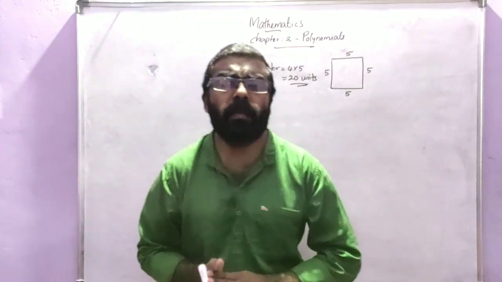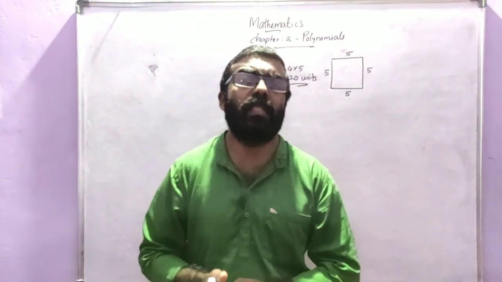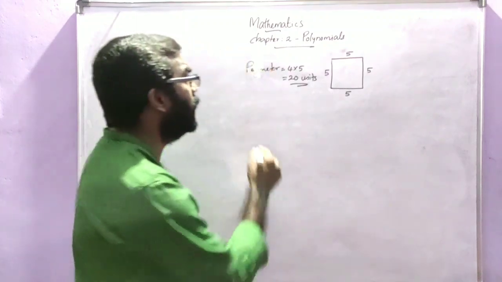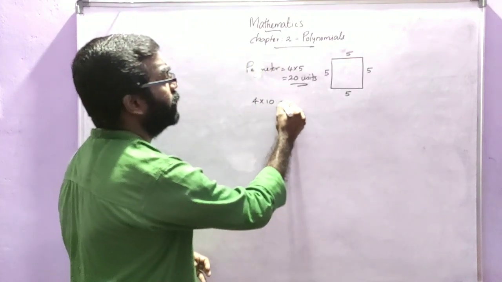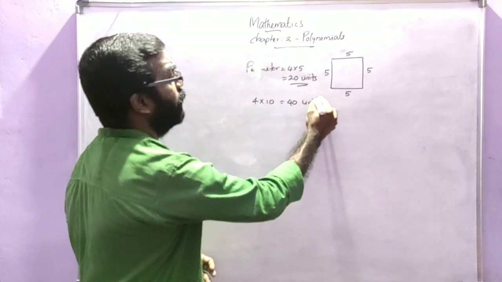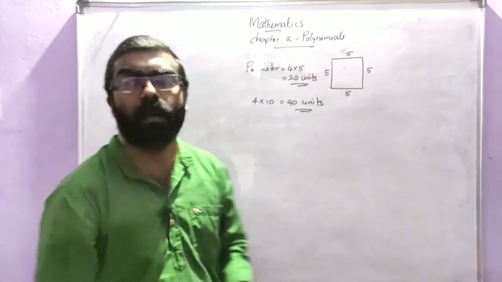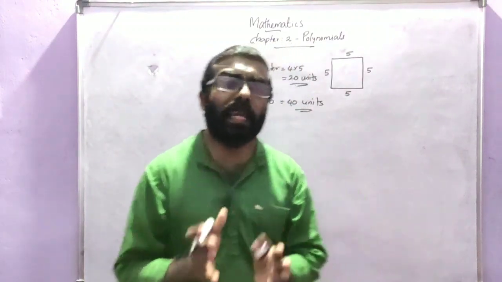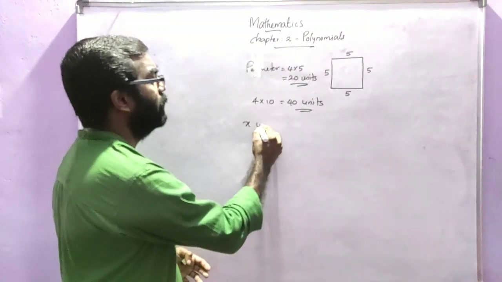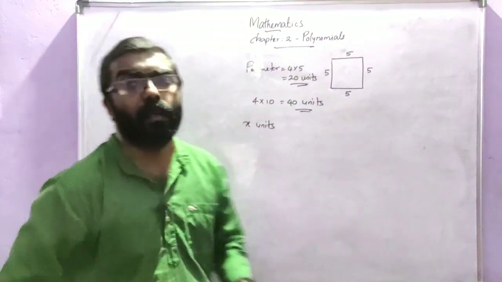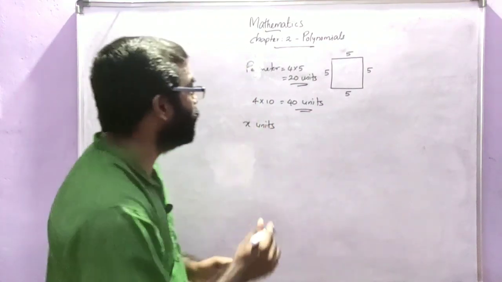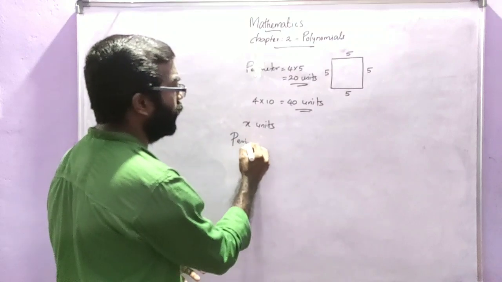What will be the perimeter if each side of the square is 10 units? The perimeter is 4 into 10 which is equal to 40 units. Clear? In case the length of each side is x units, then the perimeter is given by 4x units.